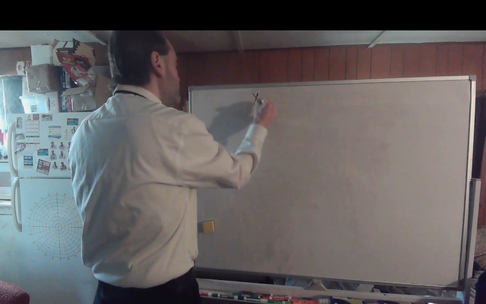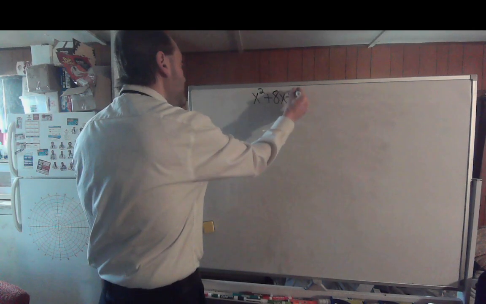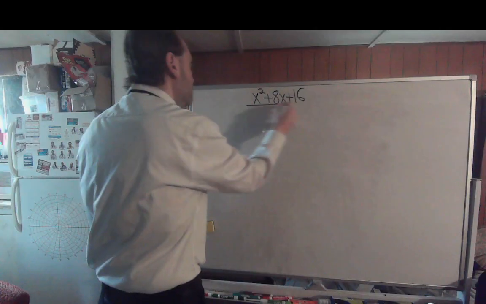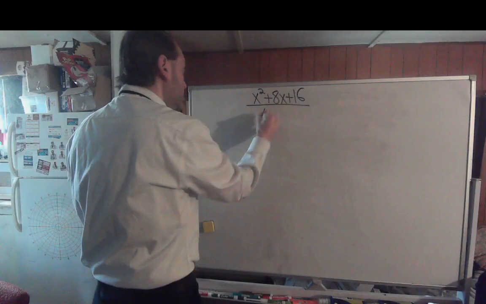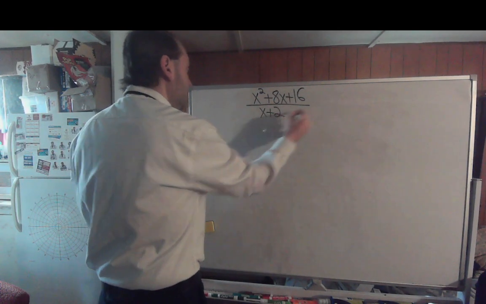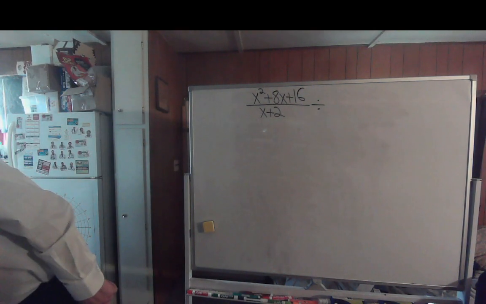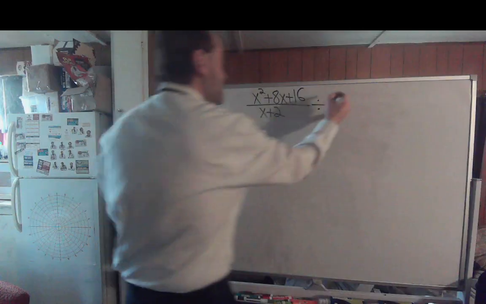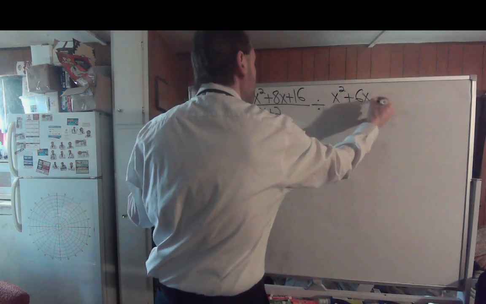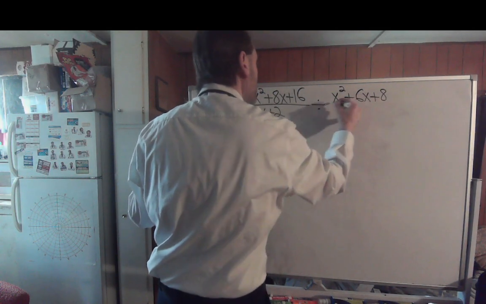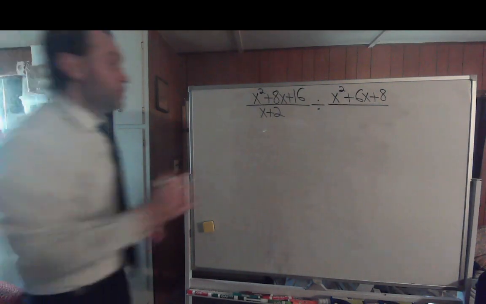We have x squared plus 8x plus 16 over x plus 2, divided by x squared plus 6x plus 8 over x squared minus 4.